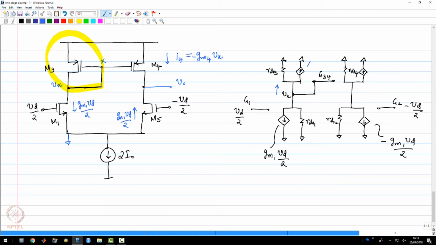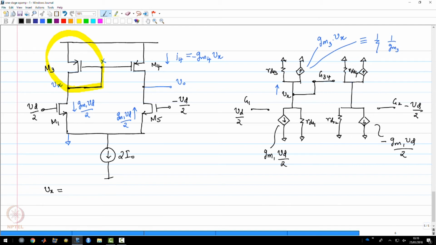But now, as you can see, this happens to be a current that is Gm3 times Vx, okay, and that should show you that this is actually a resistor of value 1 over Gm3. We have seen this before when we were looking at much simpler circuits. So now we have a better idea of what Vx should be.